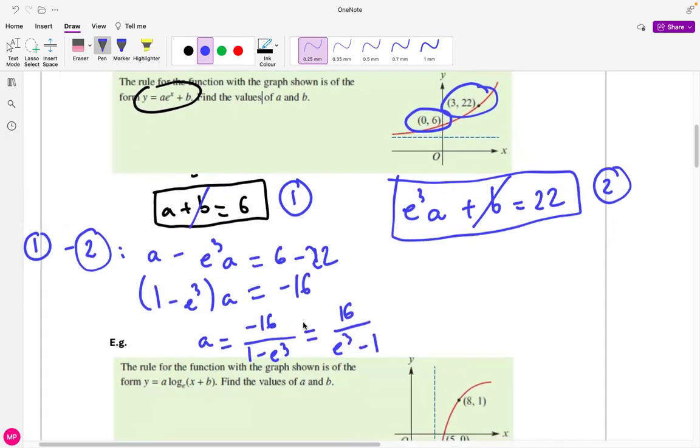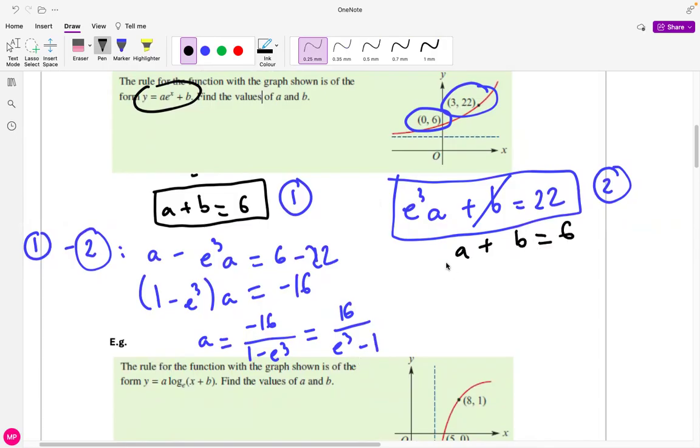Okay, then once you find the A value, you sub it back into either equation and you can solve for B. Probably equation one is easier. So I sub A in, so I have A plus B equals 6.